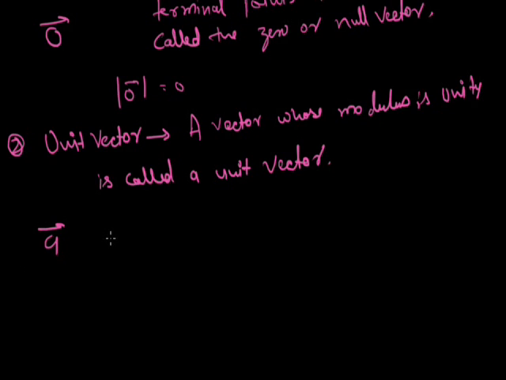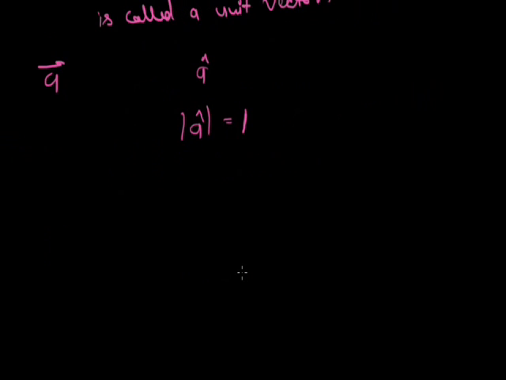The unit vector of vector a is represented by a cap. The magnitude of a cap is equal to 1, so it is a unit vector.